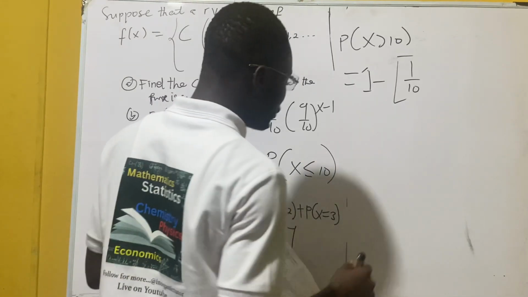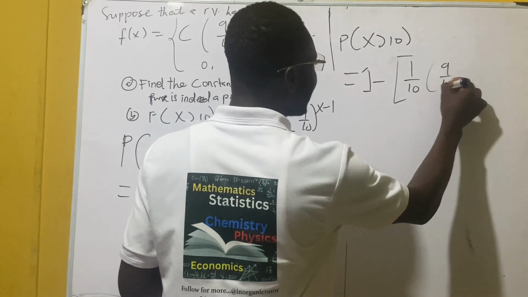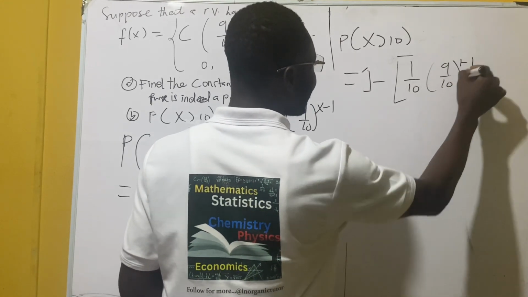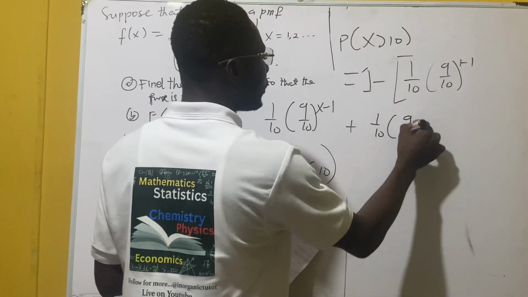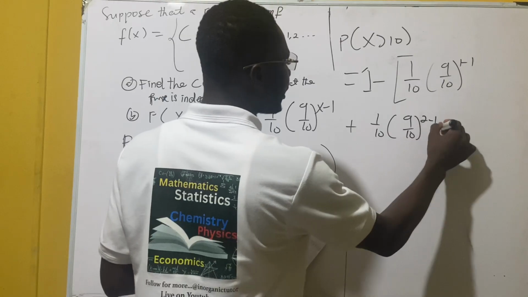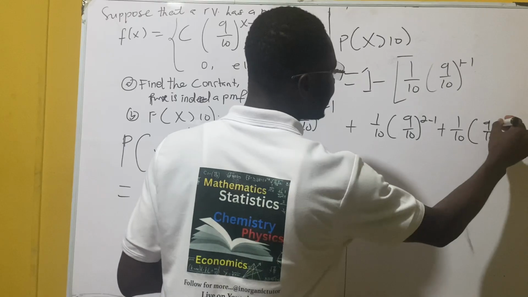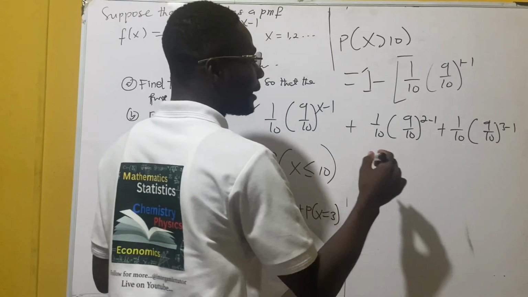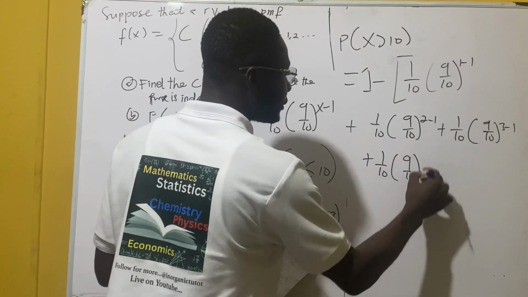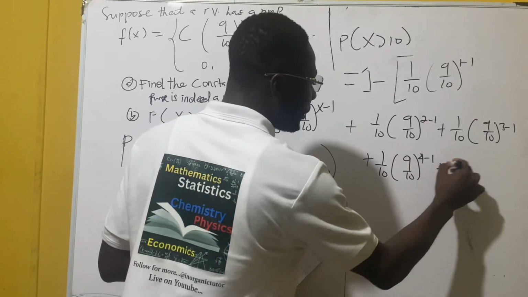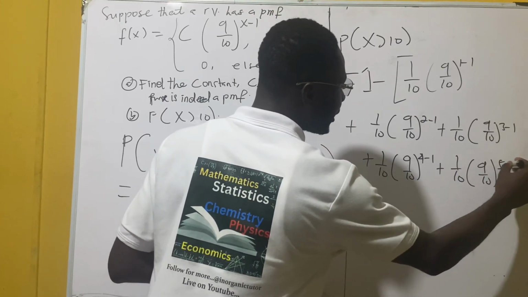So here we have 1 on 10 into 9 on 10 exponent 1 minus 1, plus 1 on 10 into 9 on 10 exponent 2 minus 1, plus 1 on 10 into 9 on 10 exponent 3 minus 1, plus 1 on 10 into 9 on 10 exponent 4 minus 1, plus 1 on 10 into 9 on 10 exponent 5 minus 1.